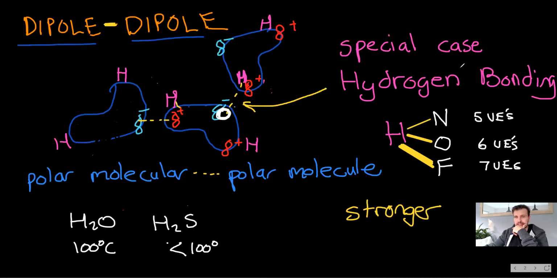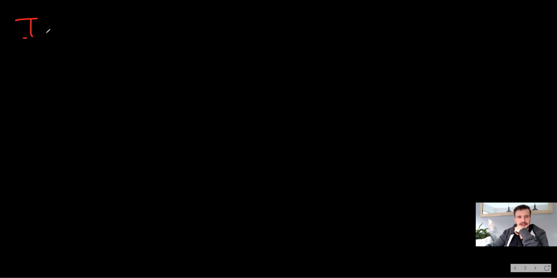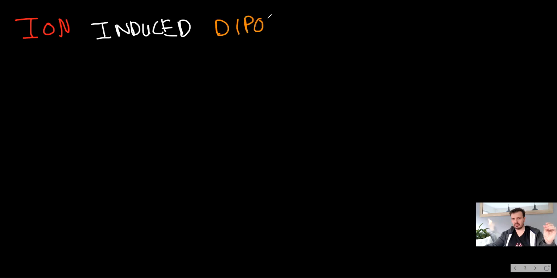Now, as I said, these things do what they say. When I say ion-induced dipole, it means that something was induced, something was created. It wasn't just there. There wasn't a dipole before, but suddenly we got one. And the ion is the thing that makes this molecule that is non-polar become a dipole.